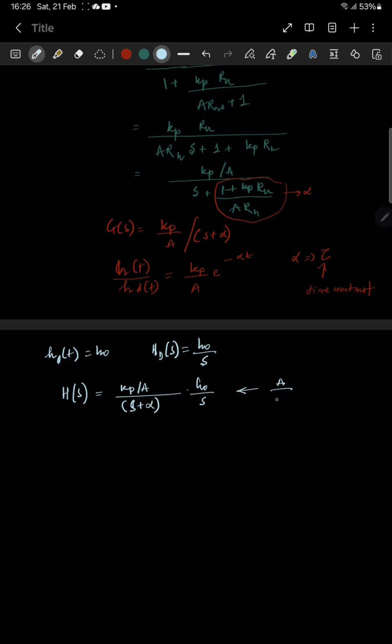Now we can write this as A into s plus alpha, separation of variables method. Let me write this alpha 1, this is alpha 2, because we already have A over here. So we have alpha 1 plus alpha 2 is equal to 0.